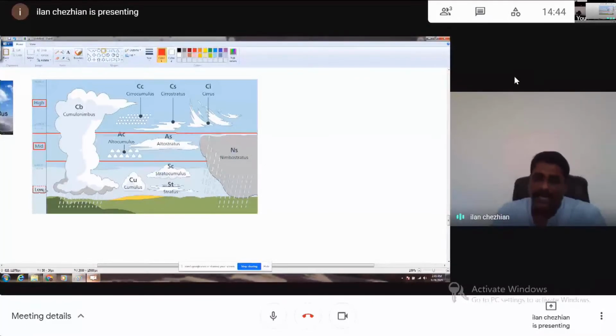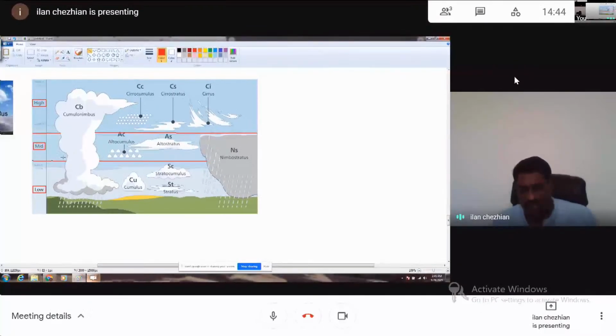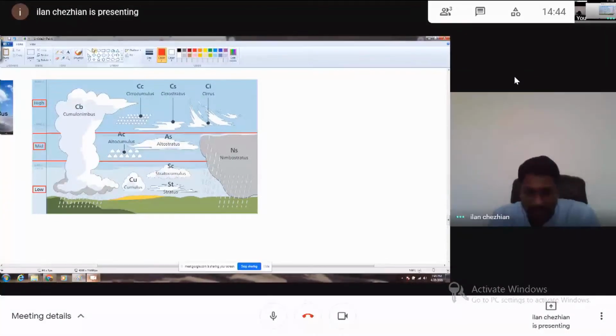Low, mid, and high altitudinal cloud method. And approximately, I am just marking the height also. That may not exactly replicate the height we have taken, but just to tell you the basis on which we are classifying these clouds, based on height.